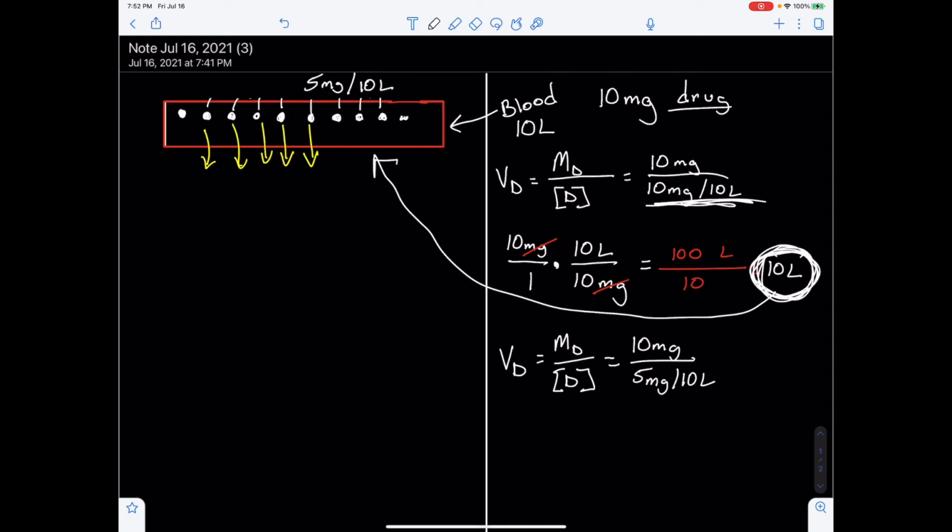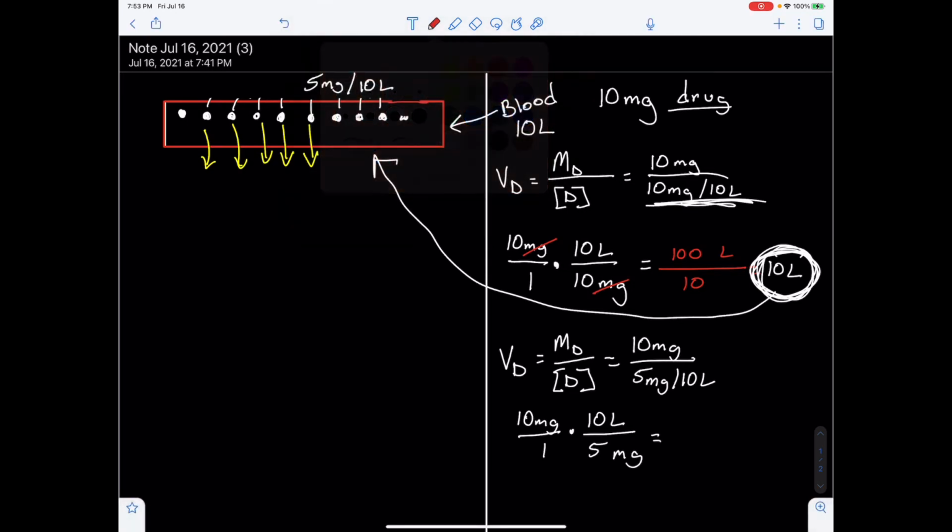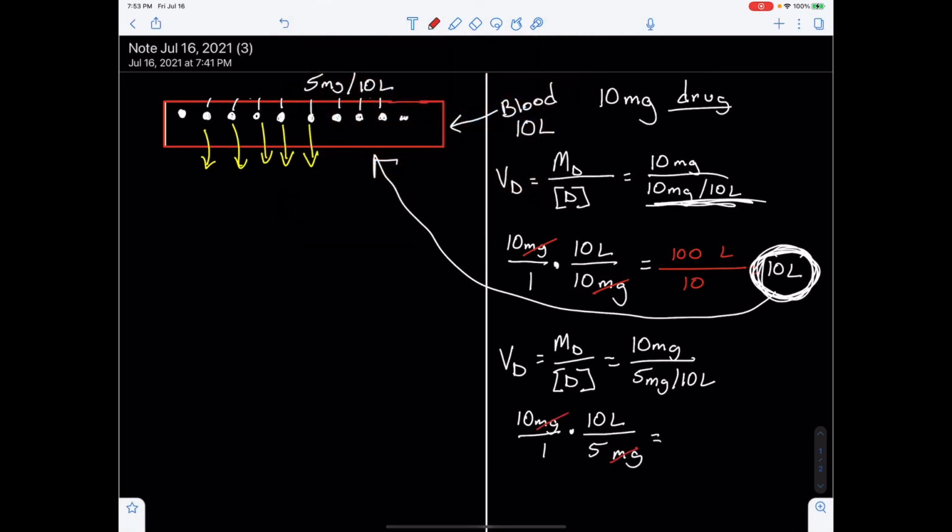Okay, so now we do the algebra, and we say 10 milligrams over 1 multiplied by 10 liters over 5 milligrams. All right, so we do some canceling. Milligrams cancel, right? Now we have 100 liters over 5, because milligrams is gone.